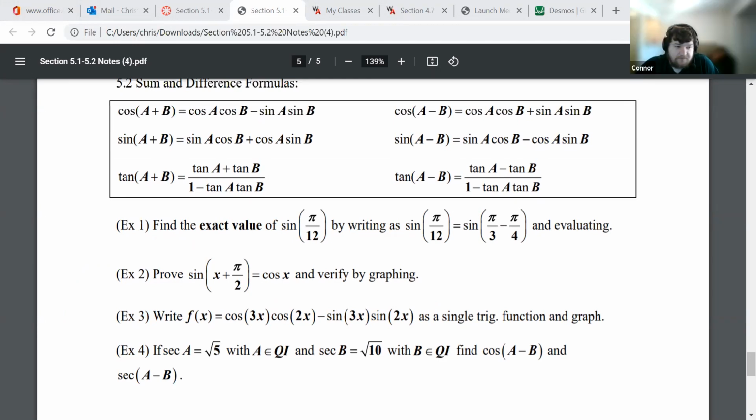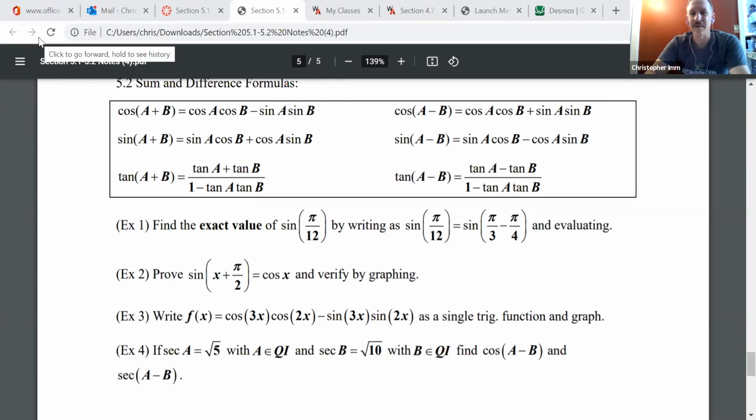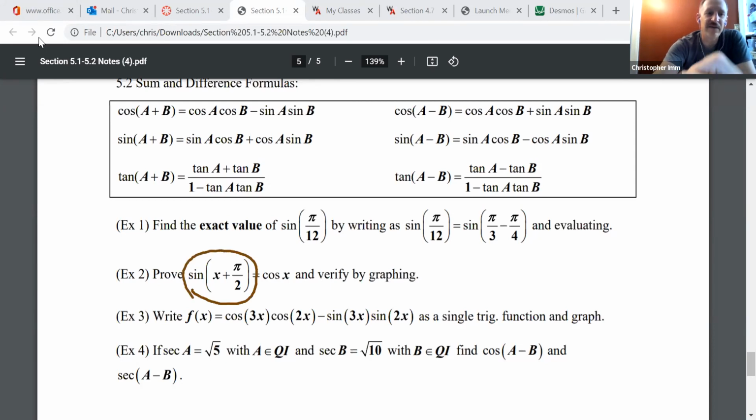The sine sum formula. Yeah, the sine sum formula, that second one down there in the first column. Great. Since we have a sine of the sum of angles, we're going to employ this one. So let's go ahead and check it out.